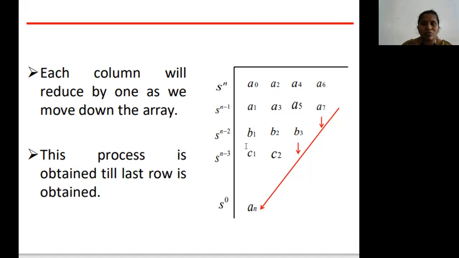That means if I obtain n values in one row, in the next row I have to obtain n minus 1, after that n minus 2, like that I finally obtain only one value, which is our required last row.